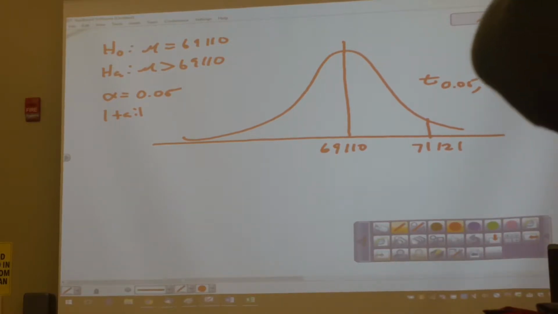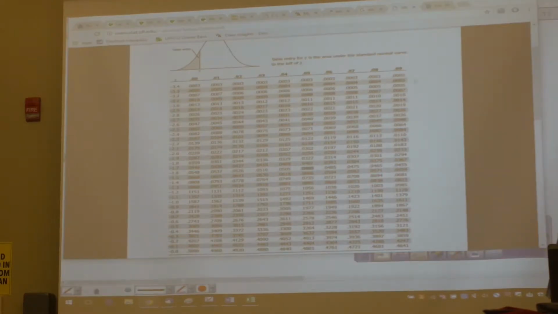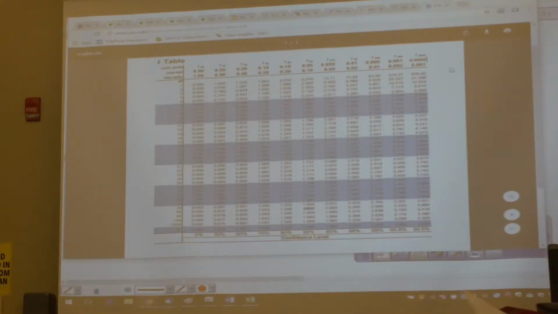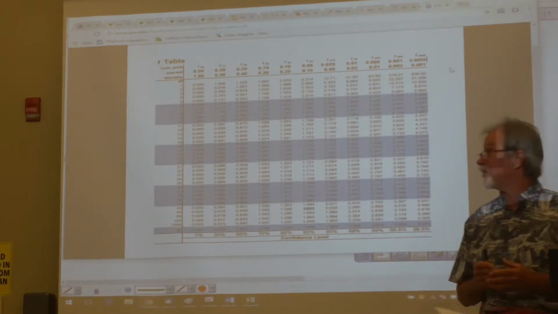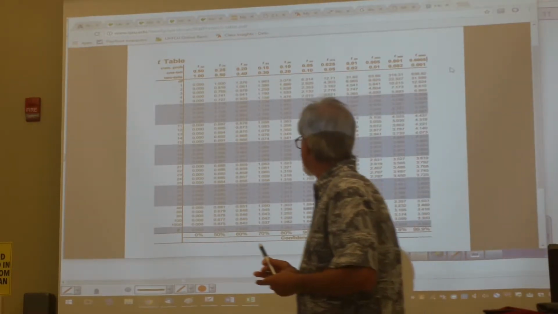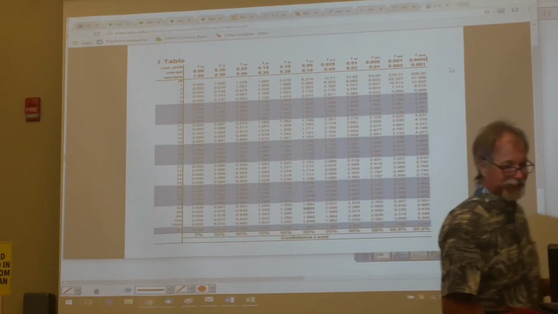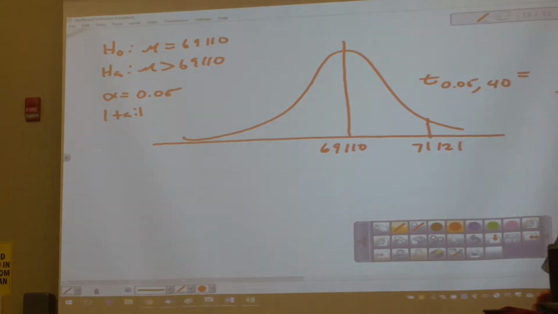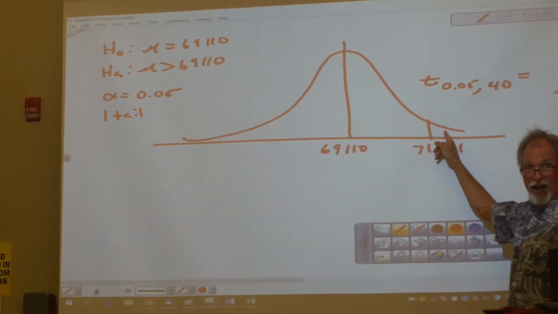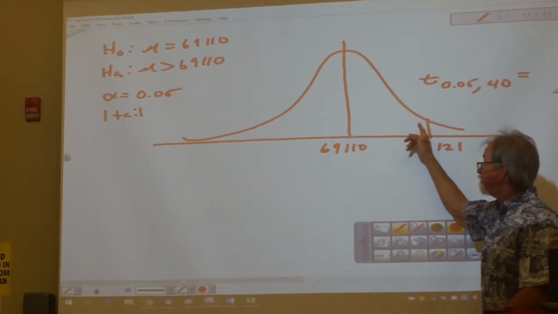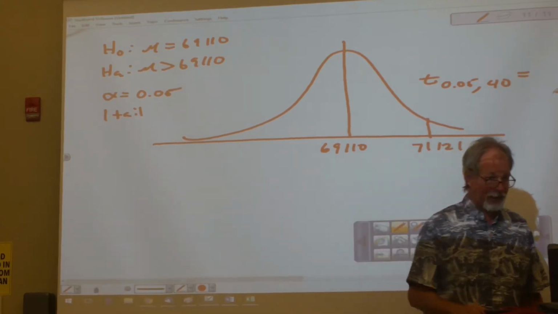So I go to my t-table and look that up. This gets to be a little bit tricky. This is 0.05, which means this is 0.95.